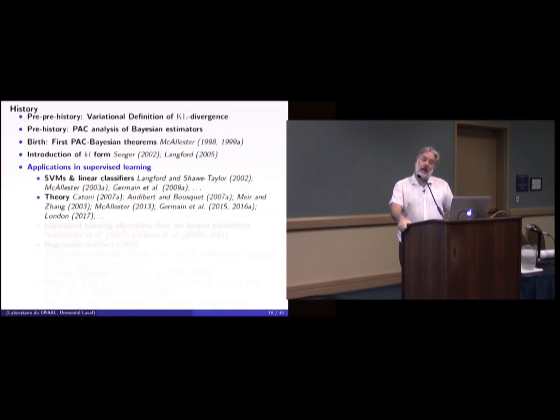McAllester in 2013 has a PAC-Bayesian approach that explains dropout. Germain et al., for example in 2016, has an interesting paper with Francis Bach and Simon Lacoste-Julien, I think, talking about the link showing that PAC-Bayes allows us to go from a frequentist approach to a Bayesian approach.